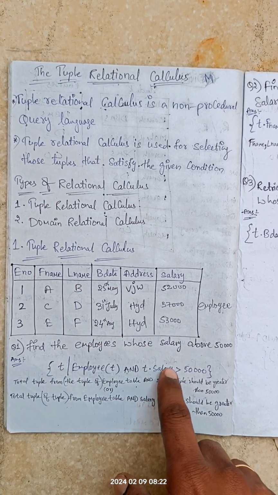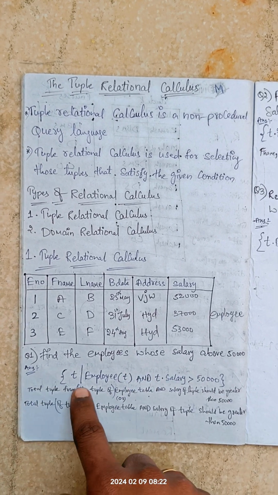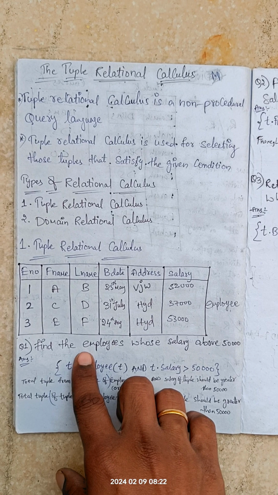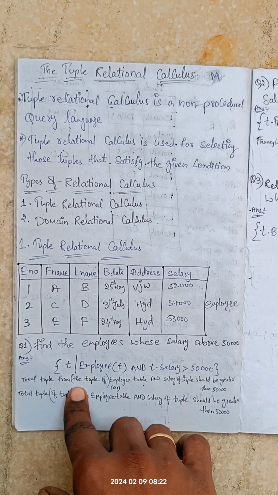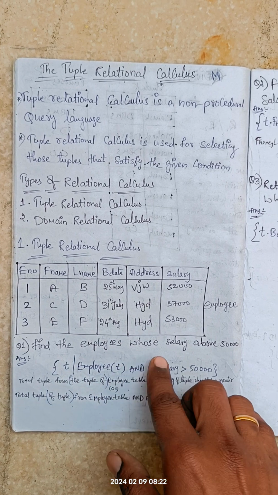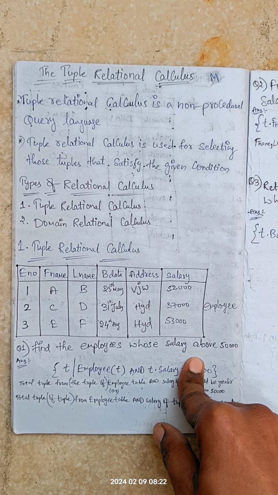I'm explaining how to write this query. See, tuple such that tuple of employee table and salary of the tuple should be greater than 50,000.